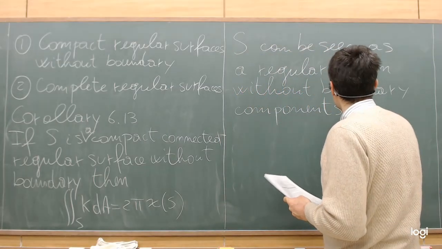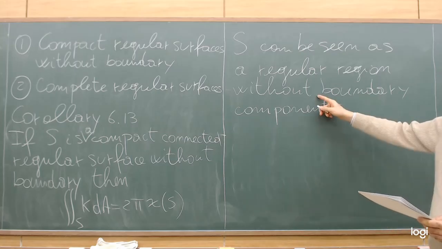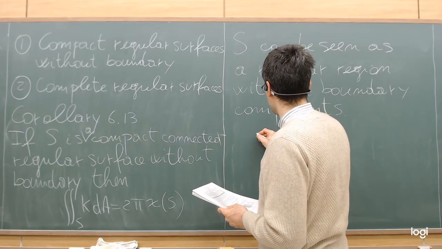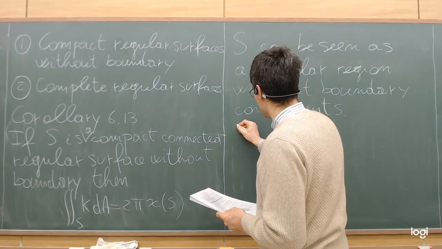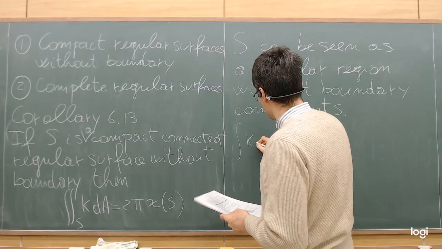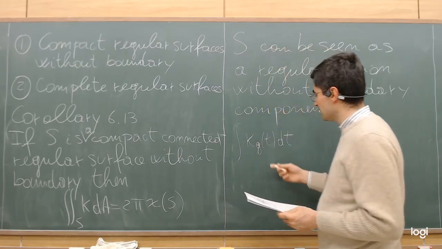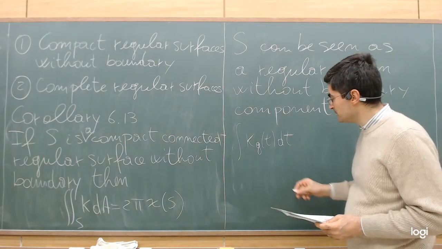So if you use the global Gauss-Bonnet theorem in this case, you get that the integral of kg gives no contribution because there is no boundary.